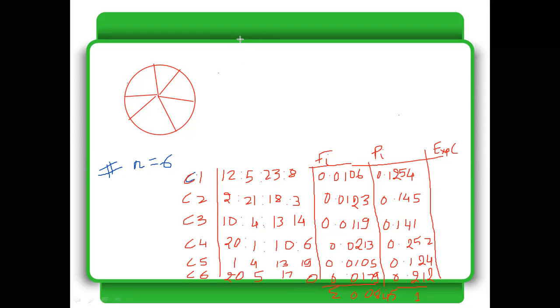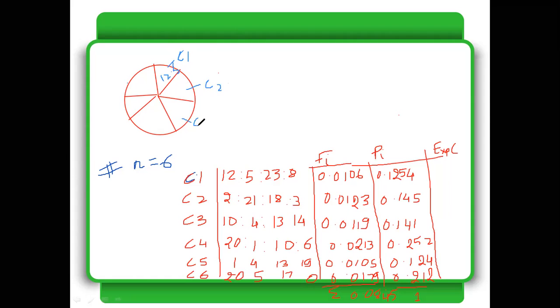Okay, so this is what I have. So this is my C1, my 12.5. So this is C2 with 14.5.